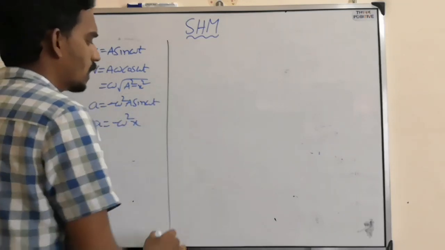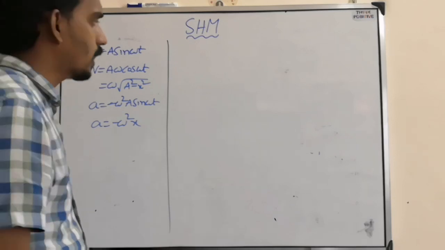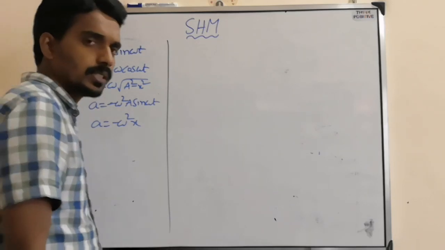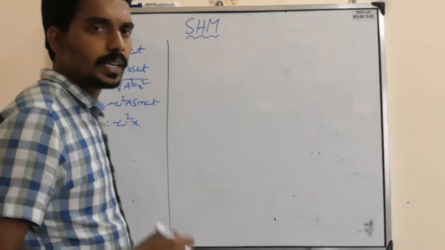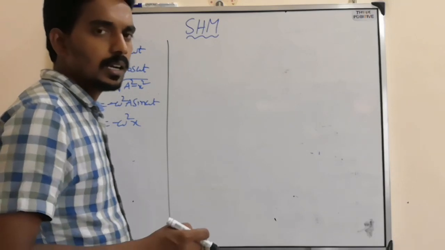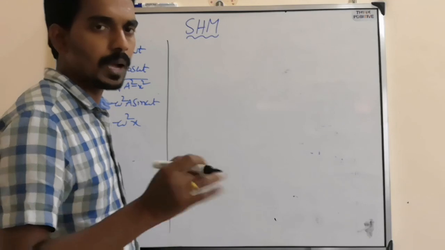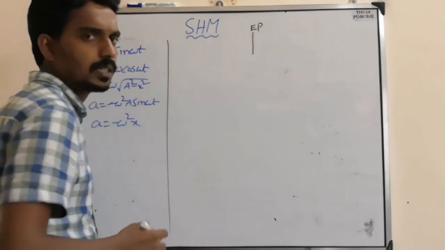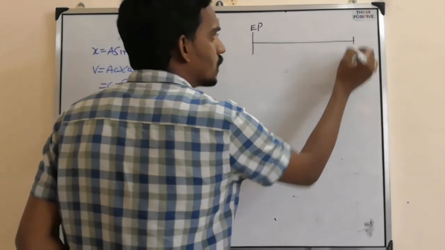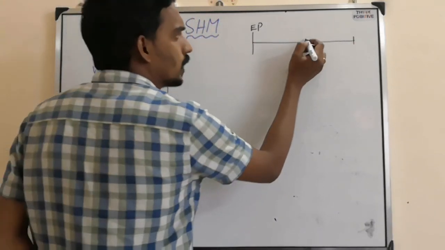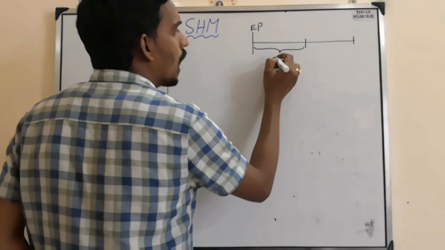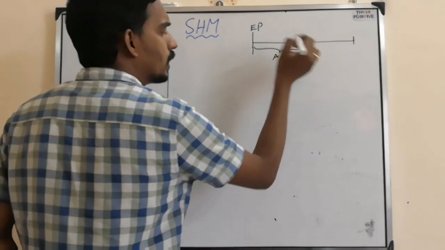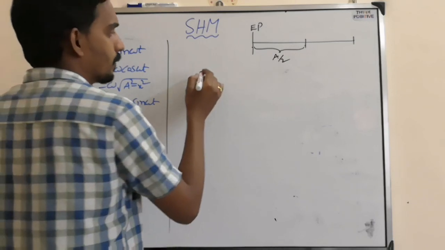Now suppose the question asked: particle starting from equilibrium position, how much time does it take to cover half of the maximum amplitude? Means what? Starting from equilibrium position, but it is not reaching the end position, it should reach exactly the midpoint, half of the amplitude. So to reach from here to here, what is the time?